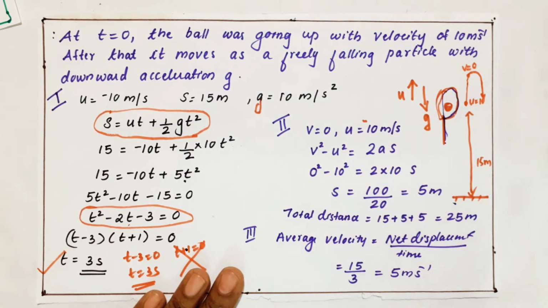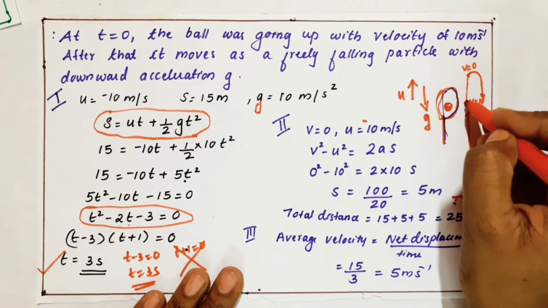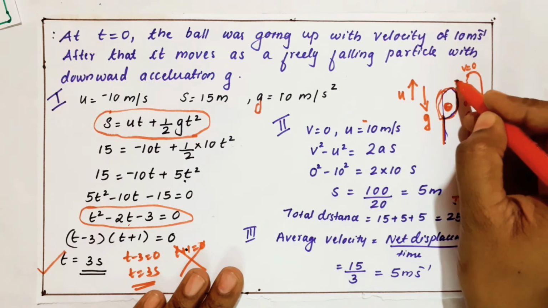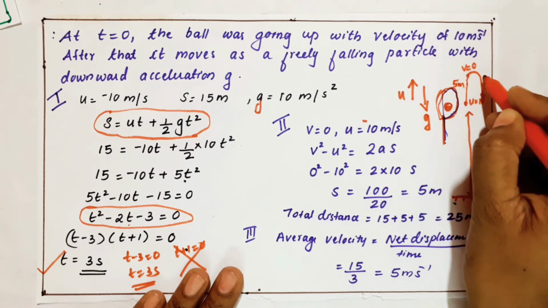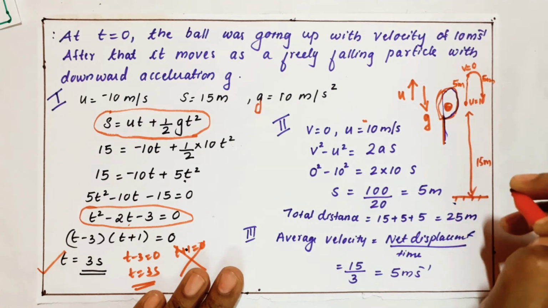So what I want to tell is, when we drop a ball, the ball moves a little up. How much is it moving? 5 meter going up. Same like that, 5 meter will come down. Then it is coming back. Right.